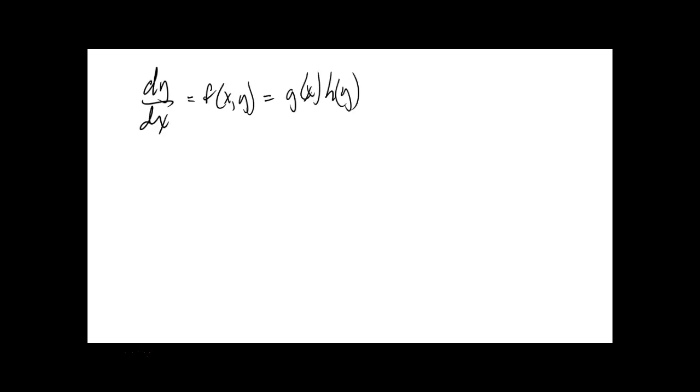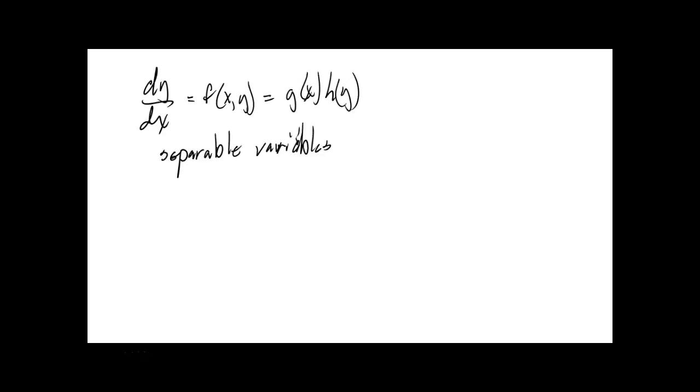If it can be written in product form, it is said to be separable, or to have separable variables. And how you solve that is separation of variables.